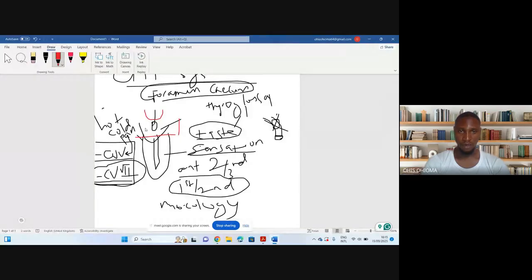And then this whole part of the posterior here, just around the foramen caecum, is supplied by the glossopharyngeal nerve, right?